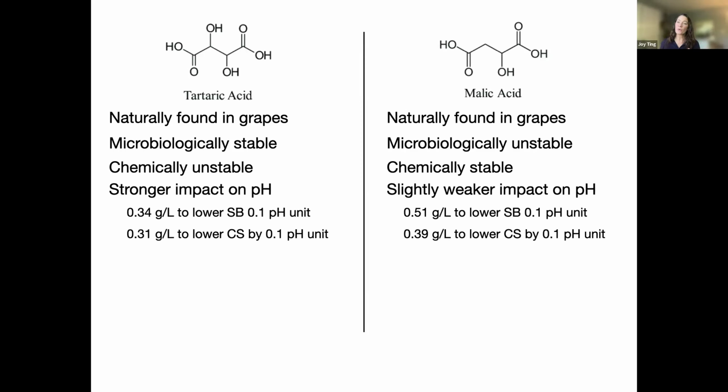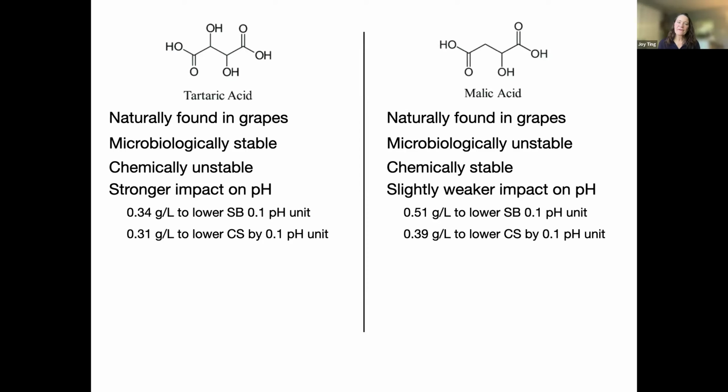Just to give you an idea of what that proportion is, one particular paper looked at how much of each of these acids I have to add to move the pH by 0.1 pH unit. In the Sauvignon Blanc that they tested, you needed 0.34 grams per liter of tartaric acid to move it by 0.1 pH unit, whereas if they were adding malic acid, they needed 0.51 grams per liter.